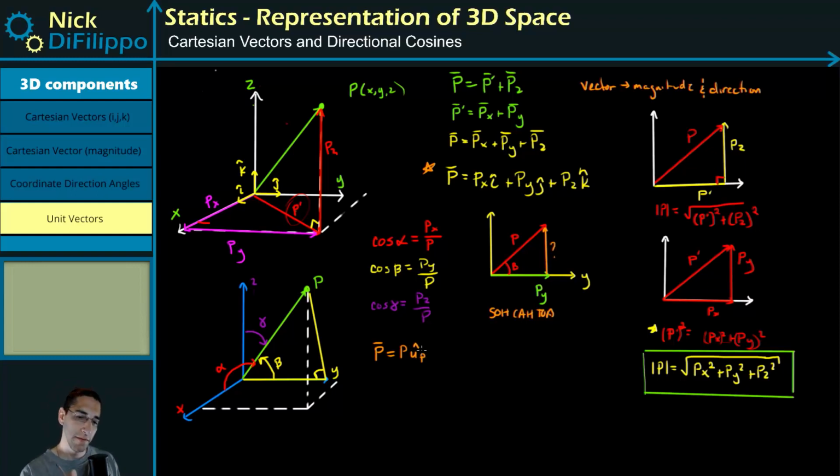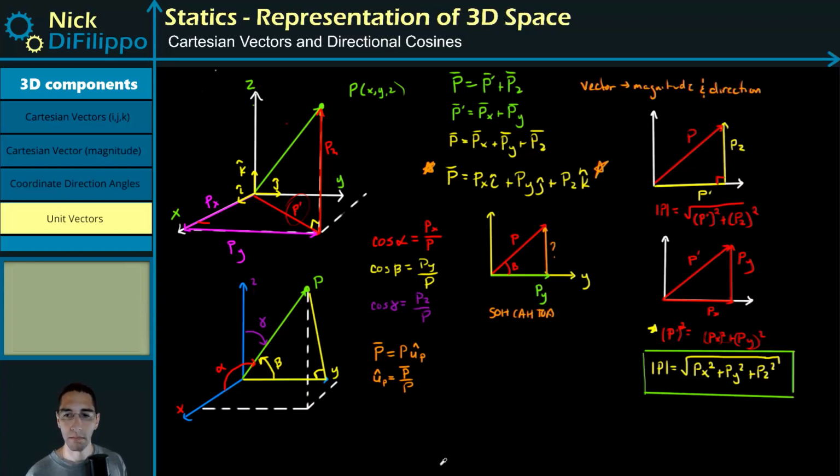Now we can solve this equation for the unit vector, and we have that this unit vector is equal to my vector divided by the magnitude. Well, we have an expression for the vector, right up here in that start equation.